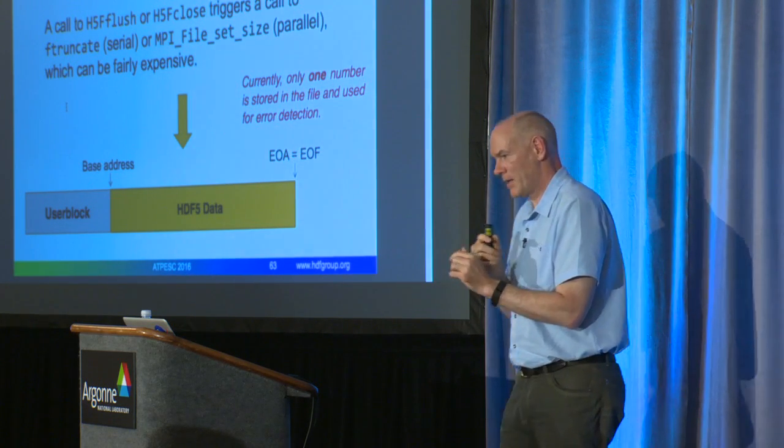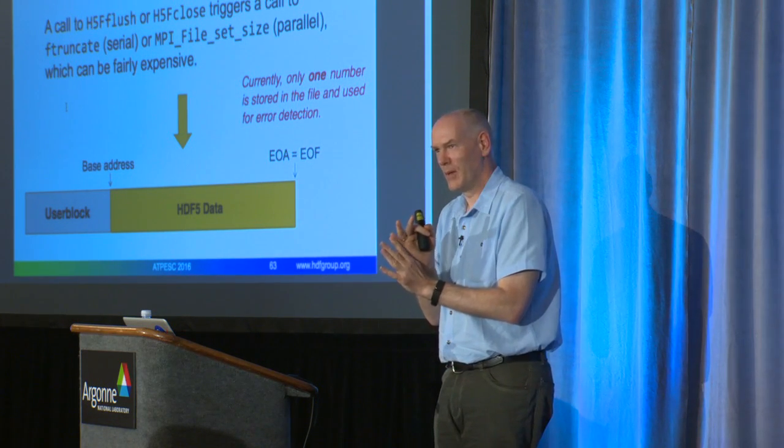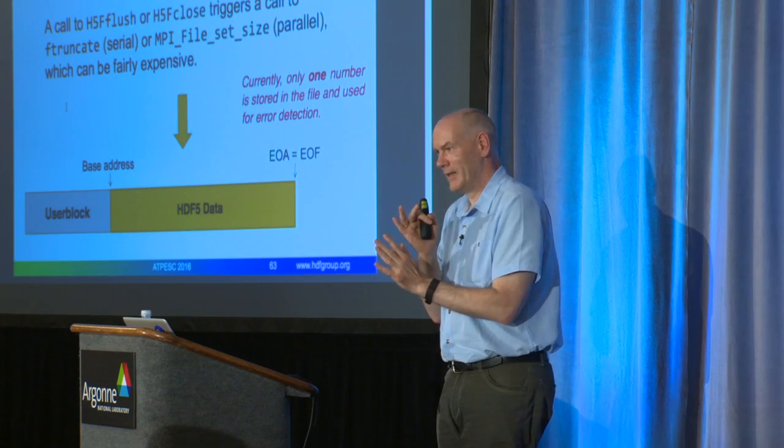But the fact that we kept just one number in the file in a way necessitated that we did this truncation operation. And that's particularly bad because you could have said, well, that can be easily solved, by just keeping track of both and not truncating the file in the end when you call H5F close. And that's correct.